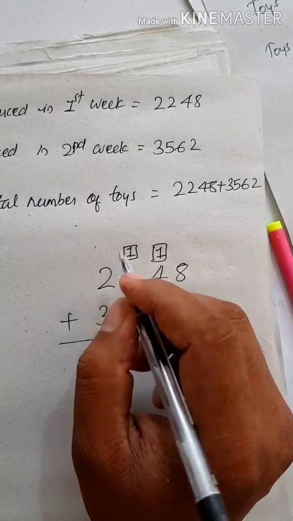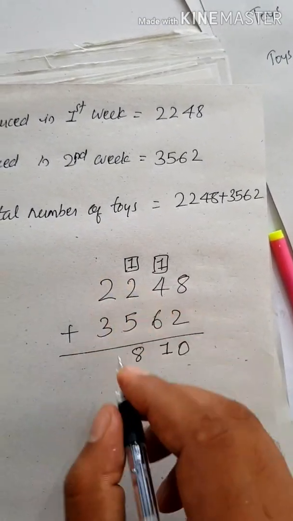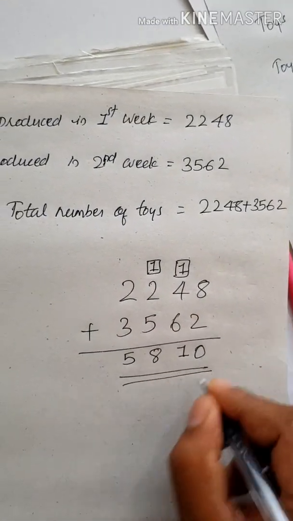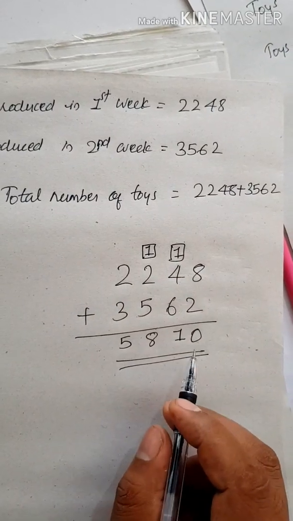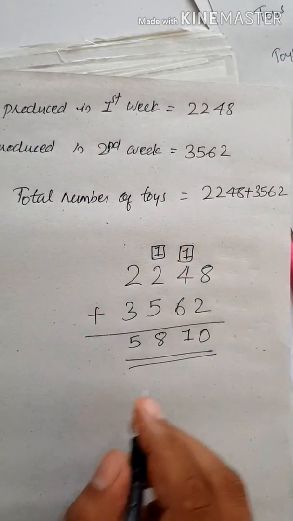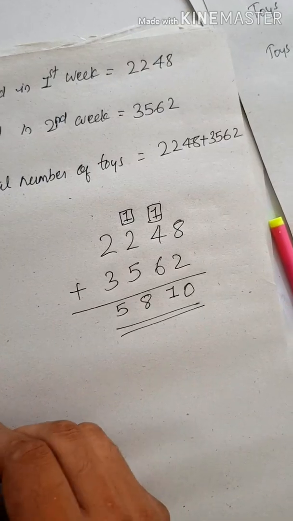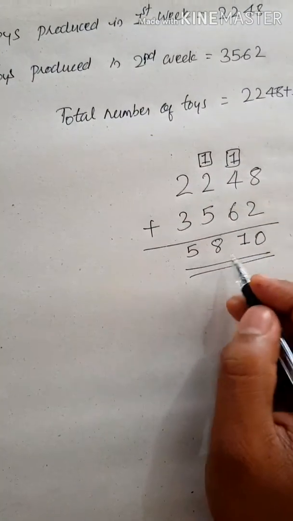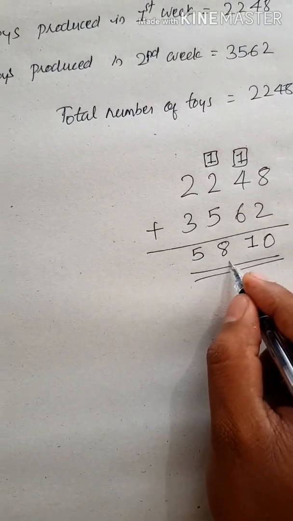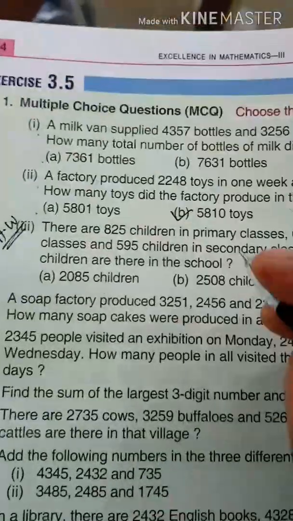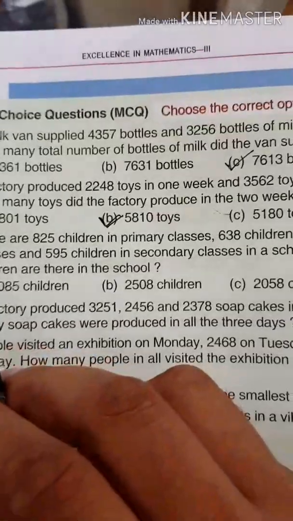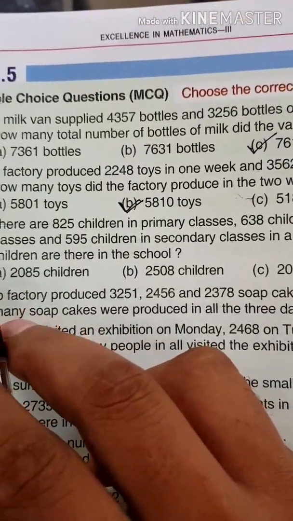Now thousands column, 2 plus 3 is 5. Answer is that 5,810. So total number of toys is equal to 5,810. So students, question number 3 is homework.